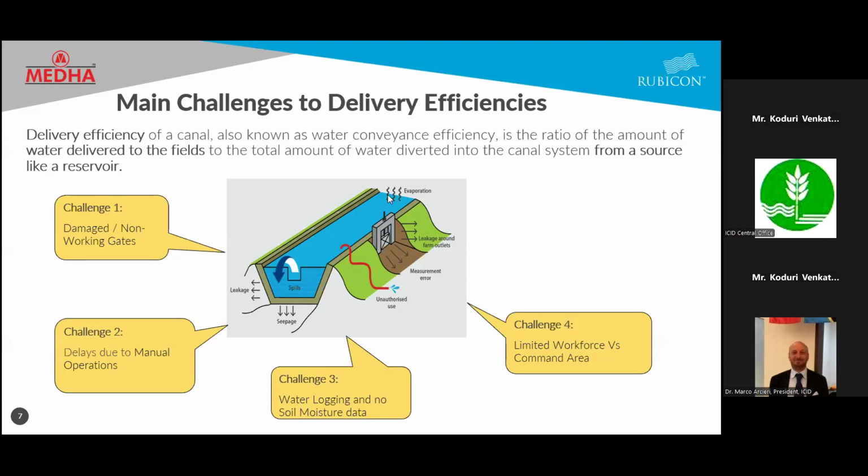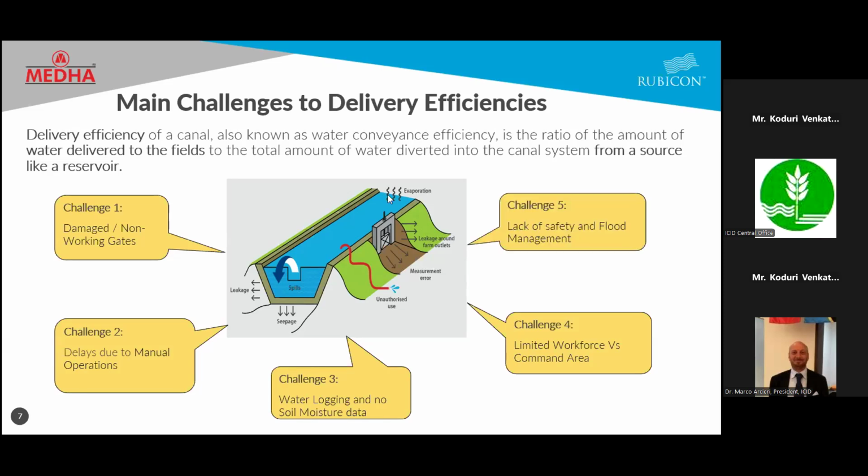The canals range up to 3,000, 4,000 kilometers. At the same time, the workforce which we have is quite limited, and it becomes a very challenging aspect to manage the water till the tail end of the vicinity of the command area.